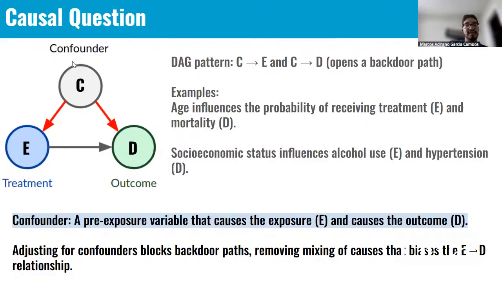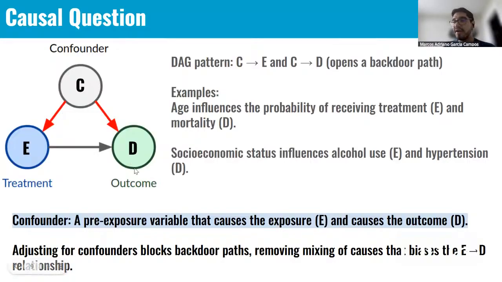The first one is the confounder. As we said, a confounder is a pre-exposure variable that causes both exposure and the outcome. And we need to adjust for confounders. There is an example. We know age influences the probability of receiving treatment, and our exposure is a treatment, and mortality is the outcome. And age can affect the treatment and affect the mortality.